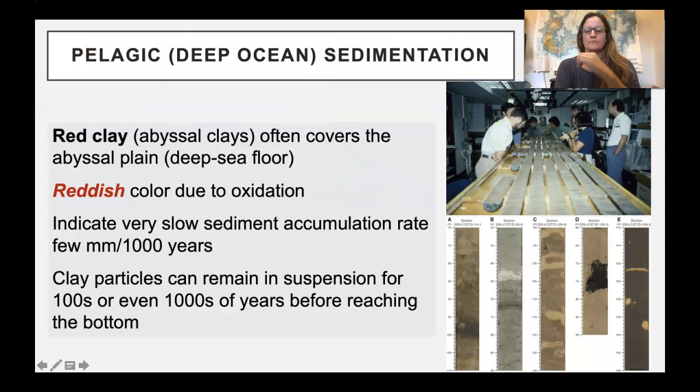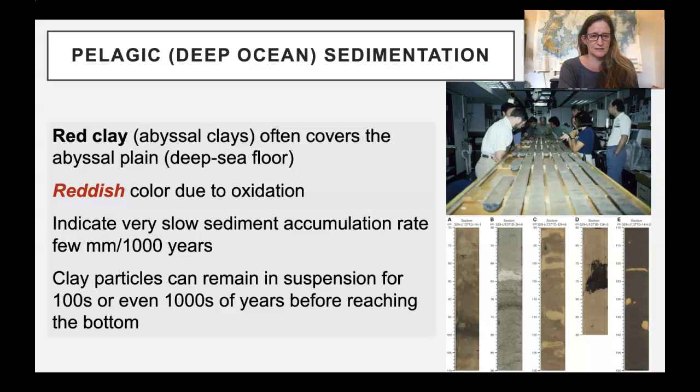They can be called the abyssal clays, and they cover like a carpet over the abyssal plain. The red indicates that they've been oxidized, so very slow accumulation rates, an order of millimeters of sediment over 1,000 years. They just take a really long time to fall to the sea floor.